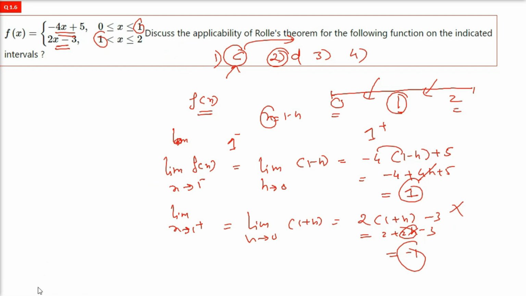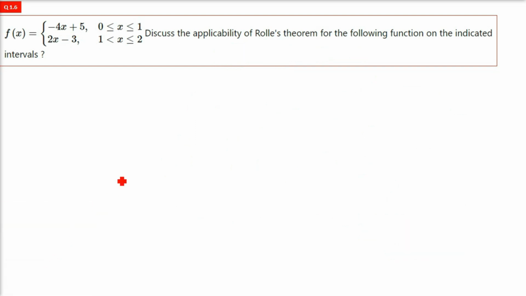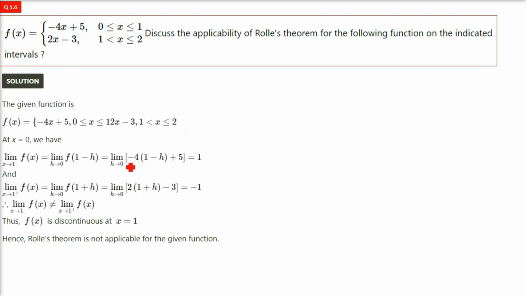So I am going to present the solution in front of you so that those who want to write it or remember it for their examination need to know how you are going to write it. You have to show that this function is discontinuous at x equals 1 the way we showed with left hand limit and right hand limit. So Rolle's theorem is not applicable for this given function because 1 and minus 1 are not equal.